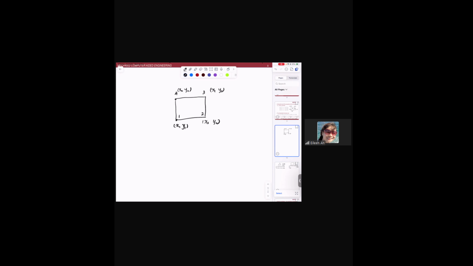This time, the coordinate system is no longer located at the center of this rectangle. For example, the origin point of the coordinate system is located here, somewhere, not the center. Then, how do we update our coordinate system? How do we update the shape functions for this rectangular element?